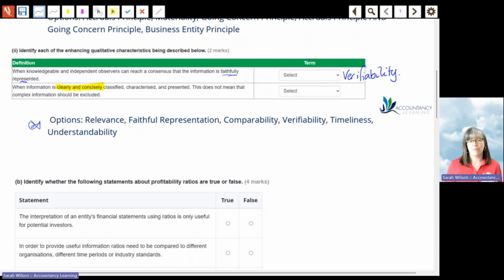So when we're doing something that's clear and concise, it means that we're going to be able to understand it. So our characteristic here is going to be our understandability. If the information was given and it was very complex and it was very messy, it'd be very hard to understand. But when it's clear and concise, it means it's going to be understandable.